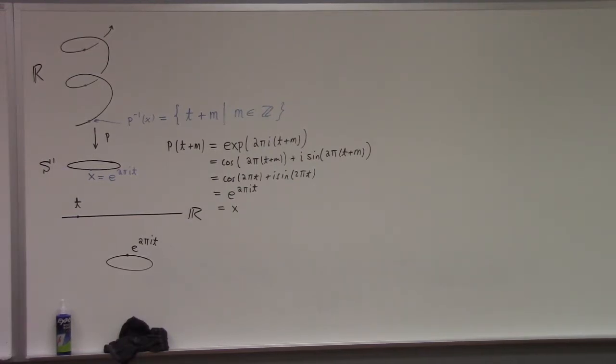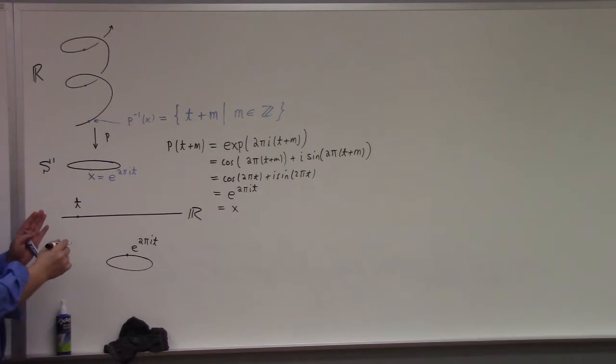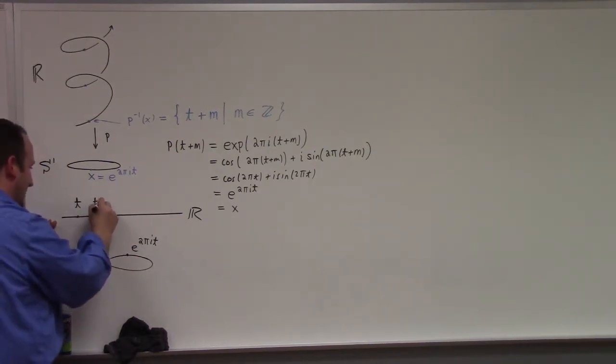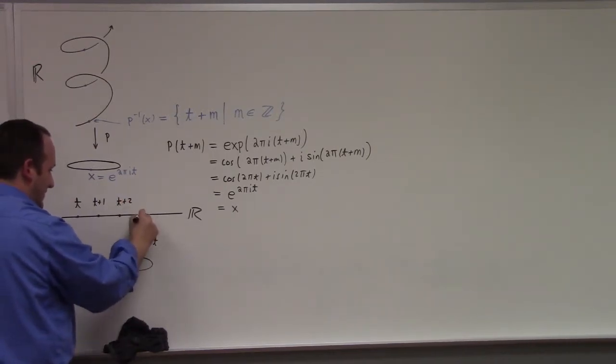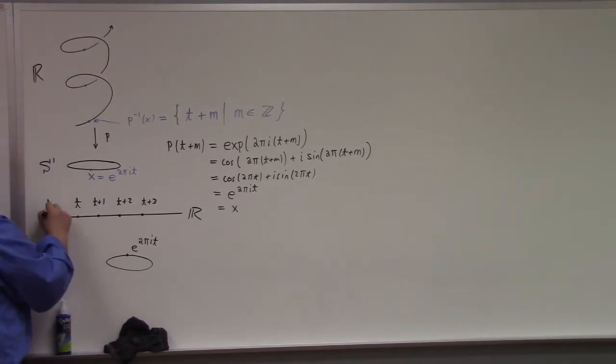So the fiber over x is essentially a copy of the integers, right? In my clumsier linear picture for the reals, if this is my t, the fiber over t doesn't look so neat. It's just t, and then over here t plus 1, then t plus 2, then t plus 3, and over here there's a t minus 1.